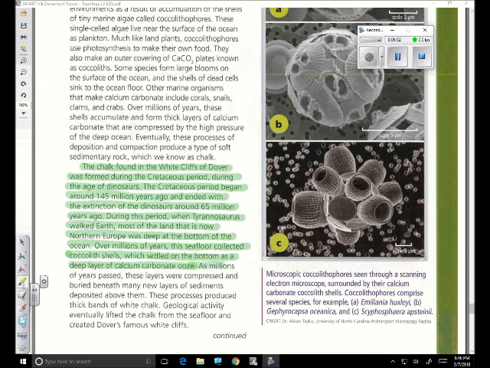As millions of years passed, these layers were compressed and buried beneath many new layers of sediments deposited above them. These processes produce thick bands of white chalk. Geological activity eventually lifted the chalk from the seafloor and created Dover's famous White Cliffs.